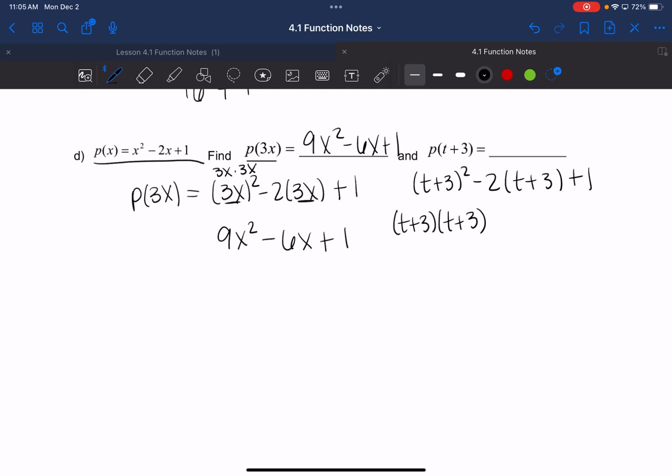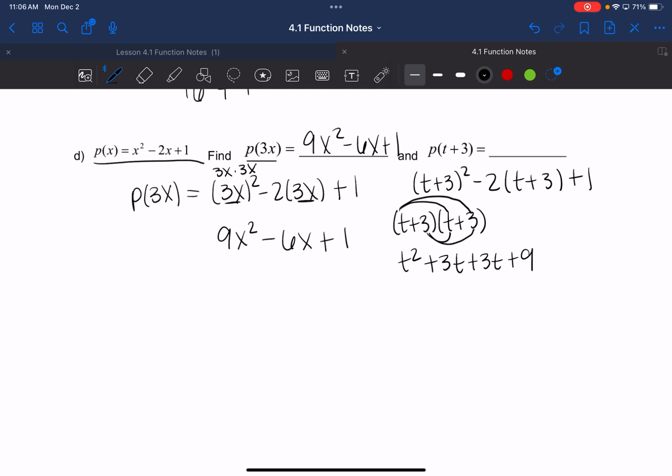Remember, we're multiplying everything else out too. So t times t, that part will give me the t squared, right? What about t times 3? 3t. All right, and then I've got 3 times t, which would also be 3t. And 3 times 3, which is 9.